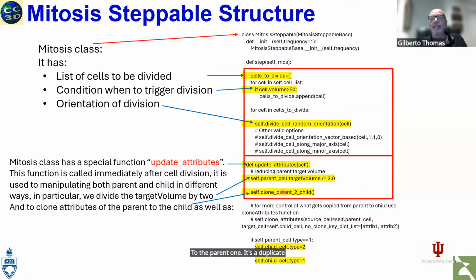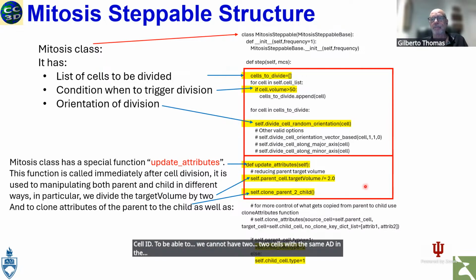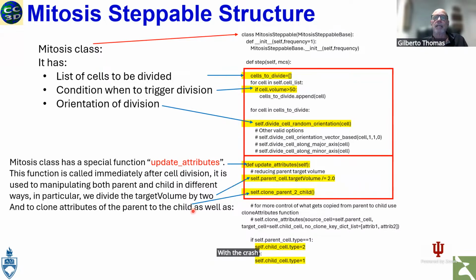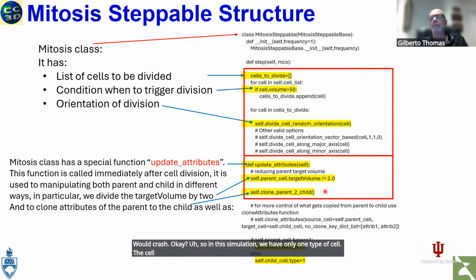The only thing that is different is, of course, the cell ID of the child. When you have the division, the child cell has a new cell ID, because we cannot have two cells with the same ID in the simulation. It would crash. So in this simulation, when we have only one type of cell, the cell splits into equal cells.